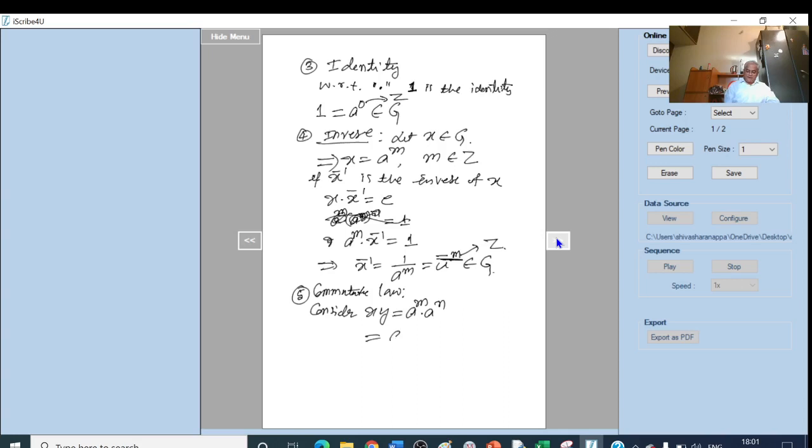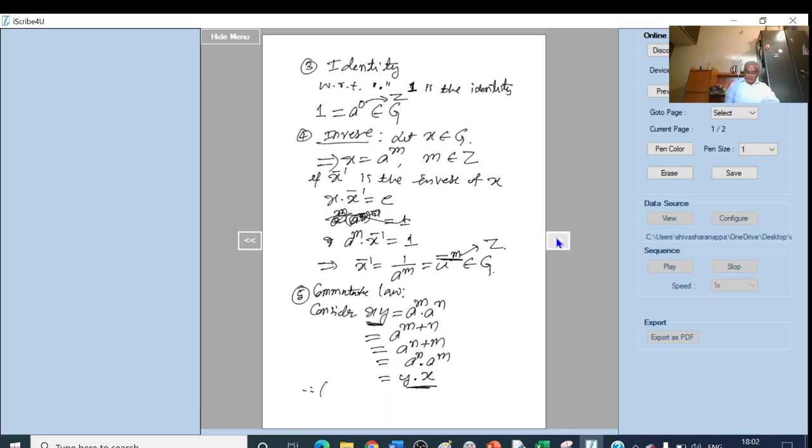And this can be written as a to the power of m plus n. This can be written as a to the power of n plus m. And this is nothing but a to the power of n into a to the power of m. A to the power of n equal to y, a to the power of m equal to x. So we have proved that x into y equals y into x.